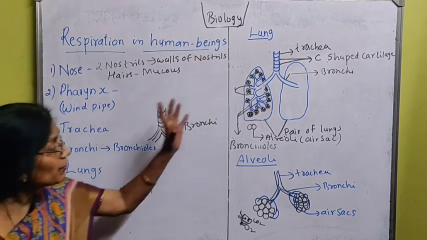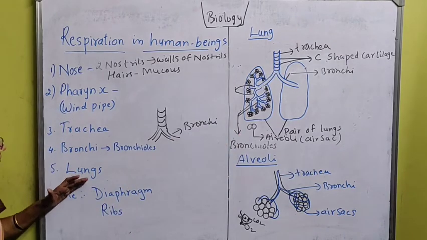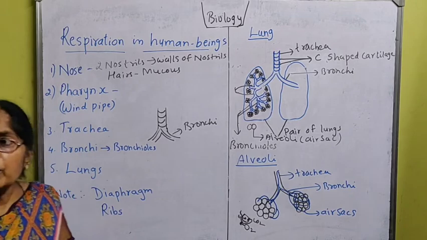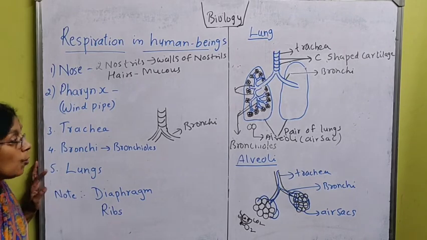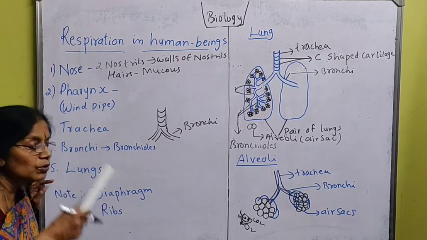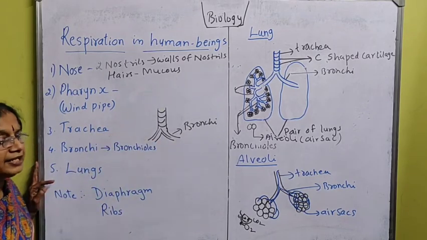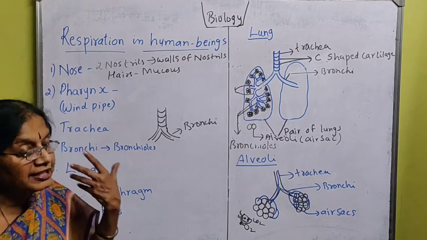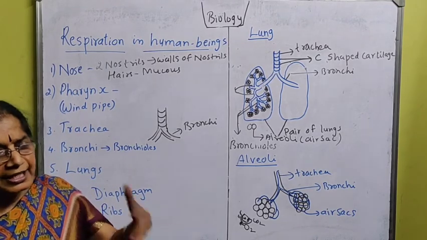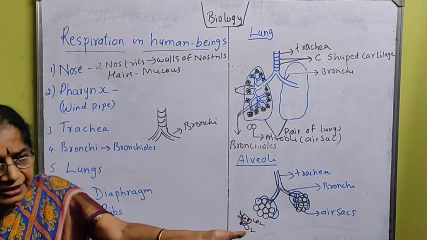Now, once again I will explain how the exchange takes place. When the atmospheric air enters through the nose, we are able to take the oxygen directly from the atmosphere. We know that in the atmosphere, nitrogen is there, oxygen is there, carbon dioxide is there.